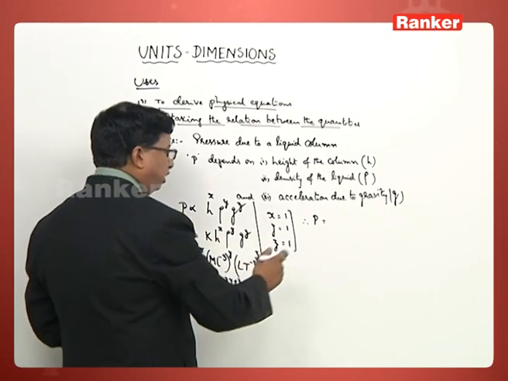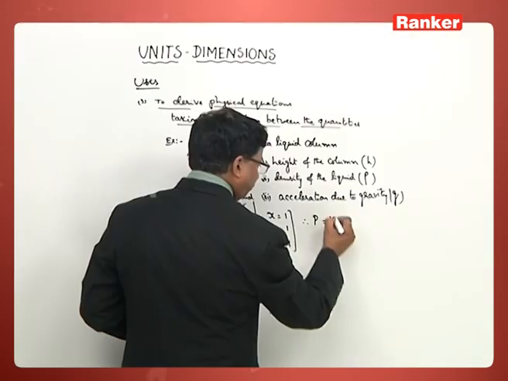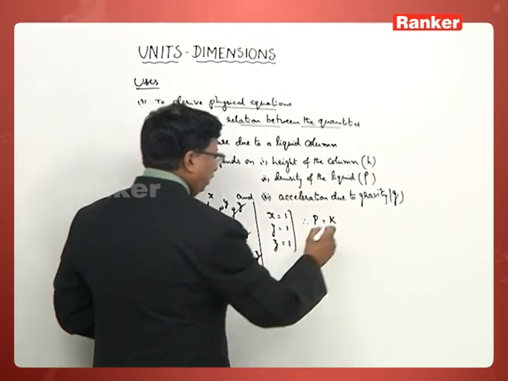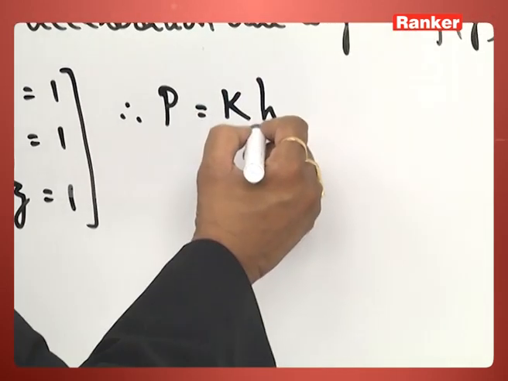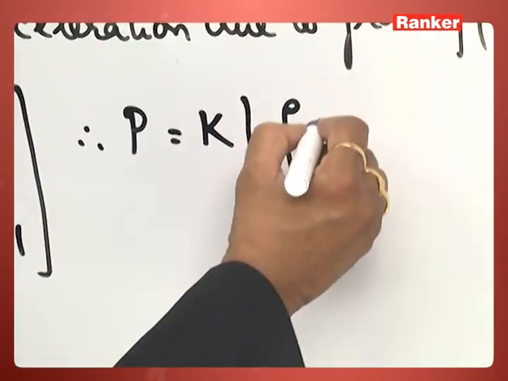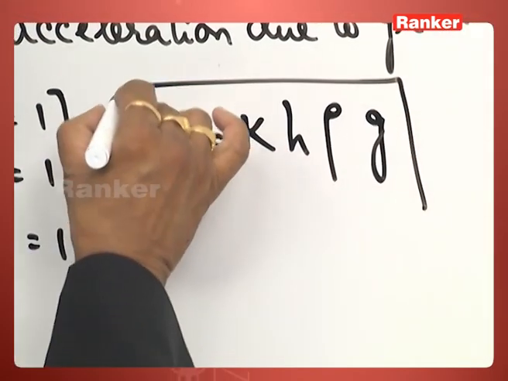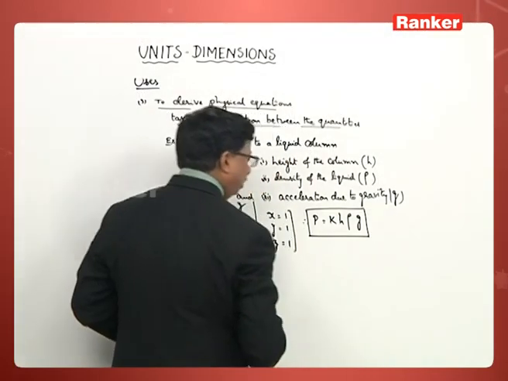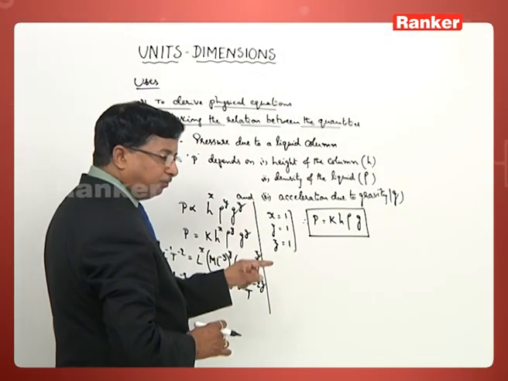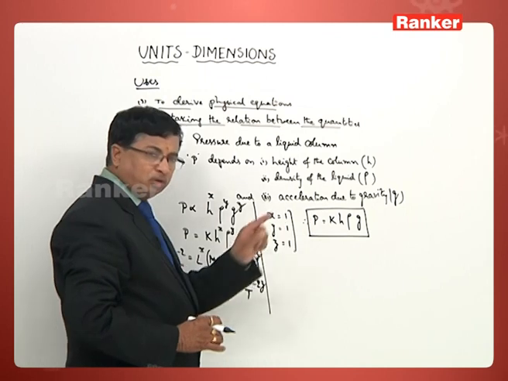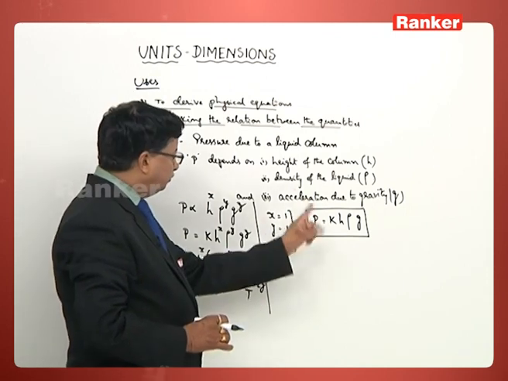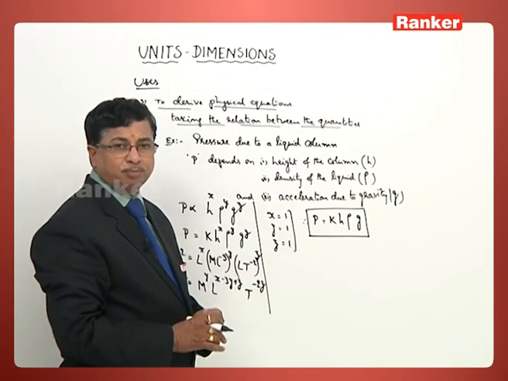Pressure can now be written as k times h to the power 1, rho to the power 1, g to the power 1. This is the relation between pressure, height of the liquid column, rho the density of the liquid, and g the acceleration due to gravity.